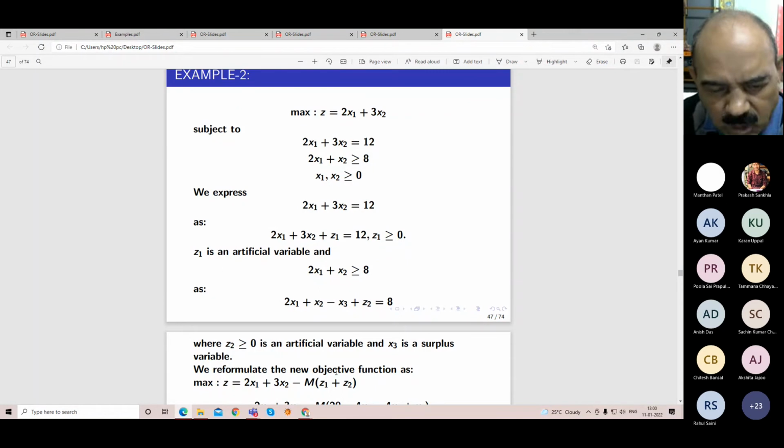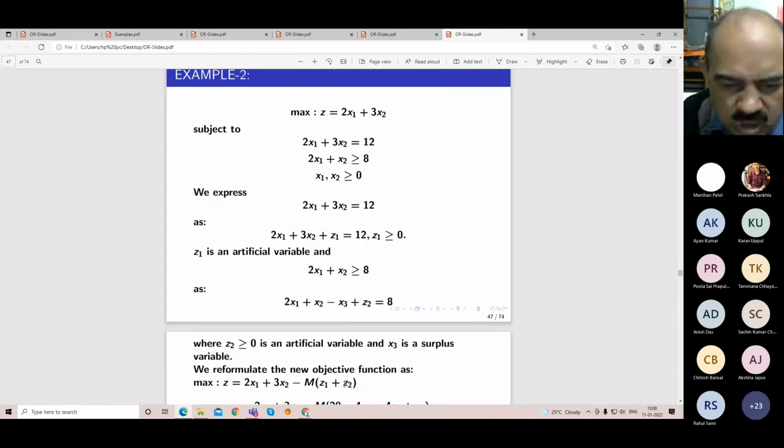Their minimum value is 0. If you make z1, z2 0, then it is fine. In case we are unable to minimize them, let me say z1 becomes 0.1 and z2 becomes 0.2.